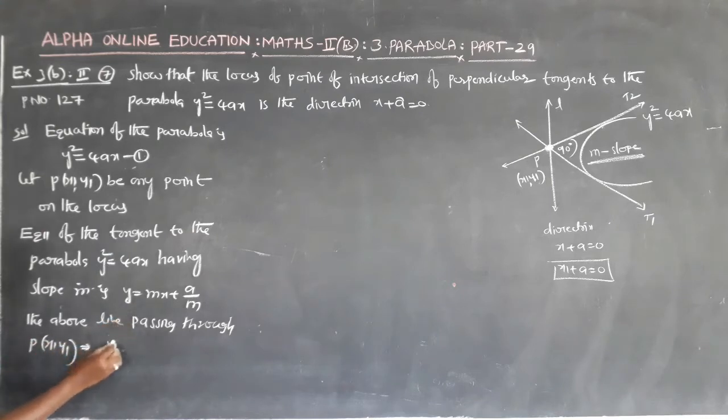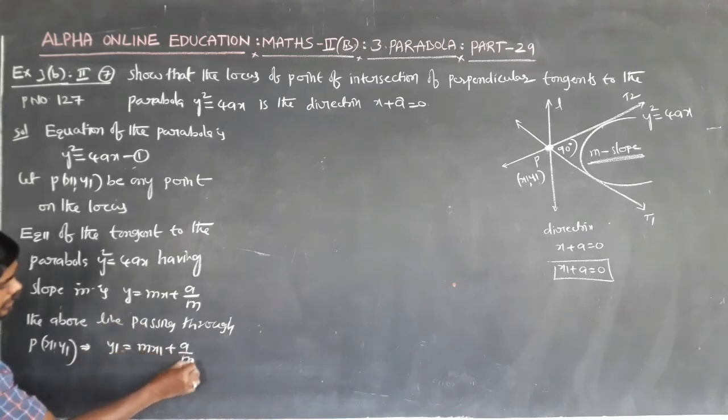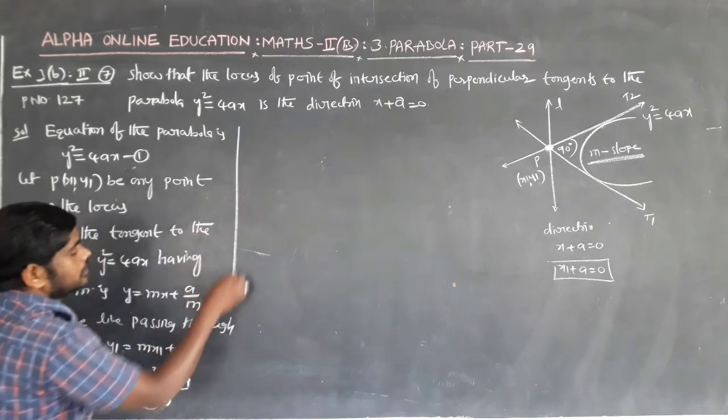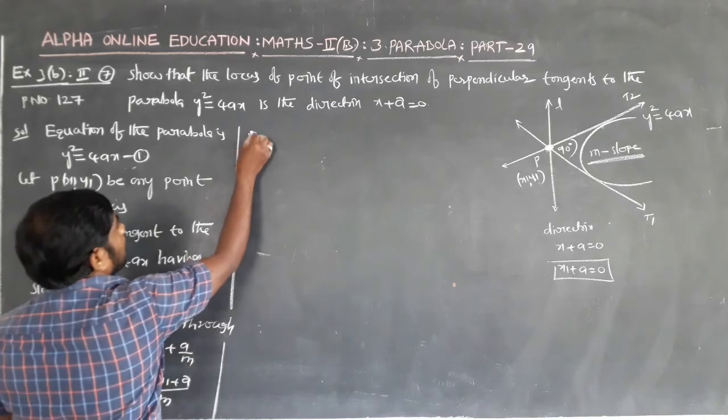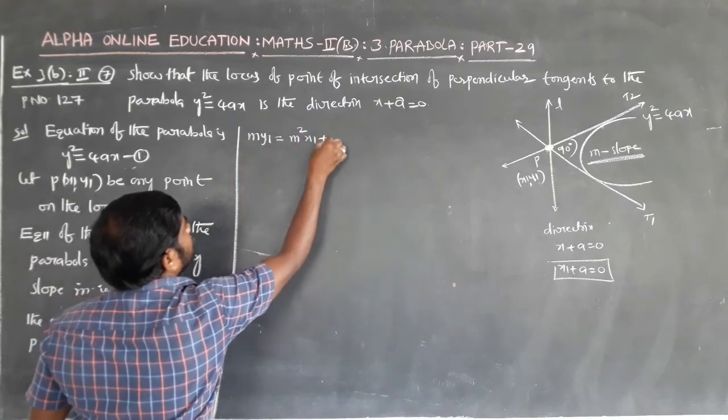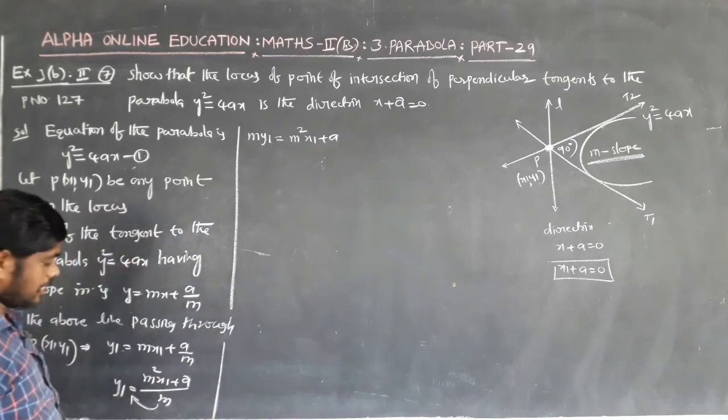So the point P(x1, y1) lies on the line. y1 is equal to, taking LCM m, m square x1 plus a by m. Taking m to the left side, my1 is equal to m square x1 plus a.